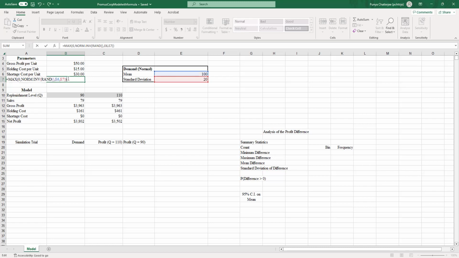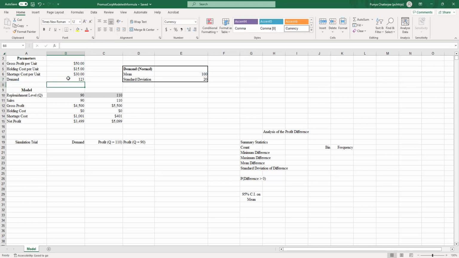So if your NORM.INV function generates a negative number, instead of taking the negative number, you're going to say your demand is 0. Every time it generates a negative number, the demand is 0, because a negative demand doesn't mean anything. All right, so that's all for the random number generation part for this problem, because everything else is deterministic.